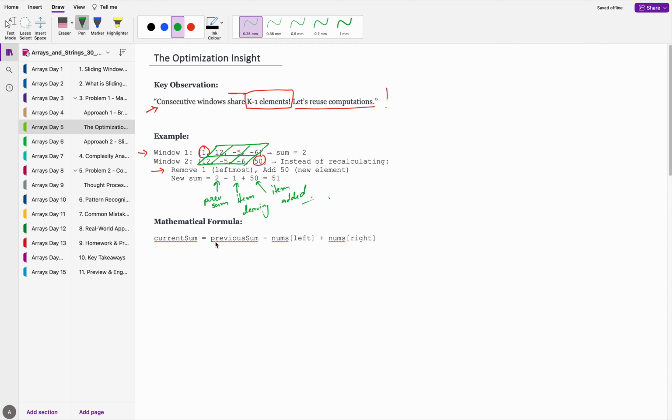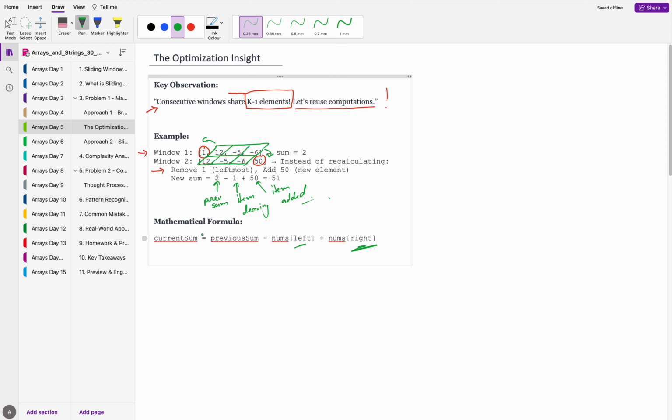So current sum equals previous sum minus the number at left plus the number at right. Let's take this as left and this as right. Don't confuse it with the left and right from the two pointer technique, okay? This is the left item which was leaving the window, and this is the item on the right which is being added to the window.